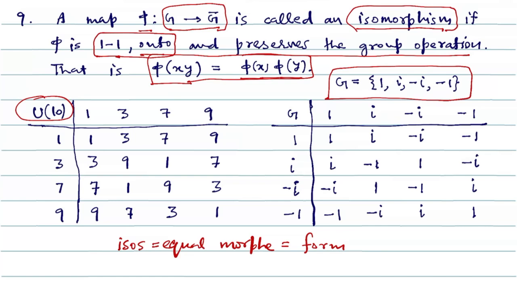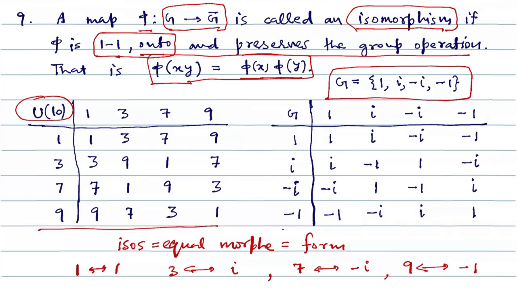Now if we make the operation table of both these groups, and compare 1 with 1, 3 with i, 7 with minus i and 9 with minus 1, then you can check that both these tables are exactly the same.